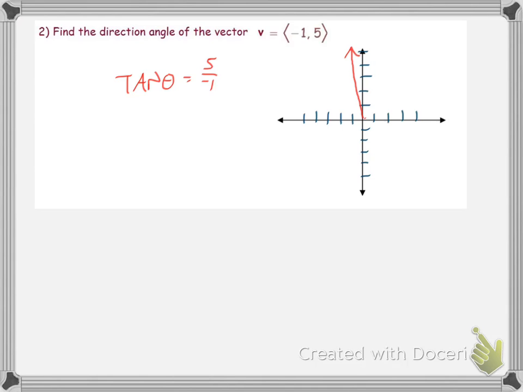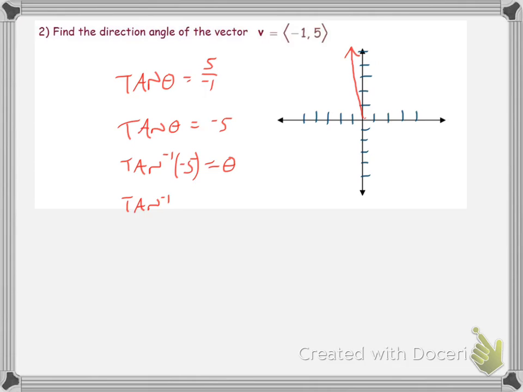So tangent of theta is equal to -5, and if you remember, when I'm missing the angle, I can use the inverse trig function. So the inverse tangent of -5 is equal to theta.